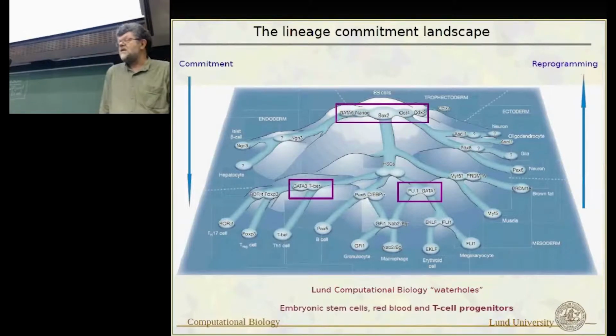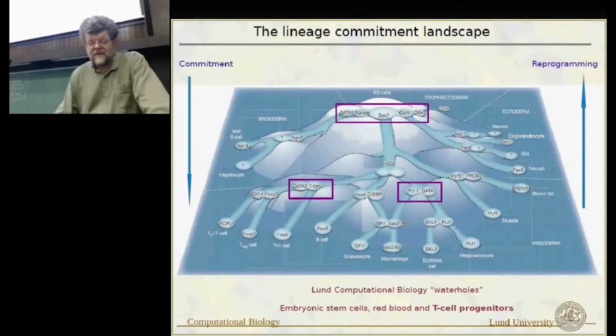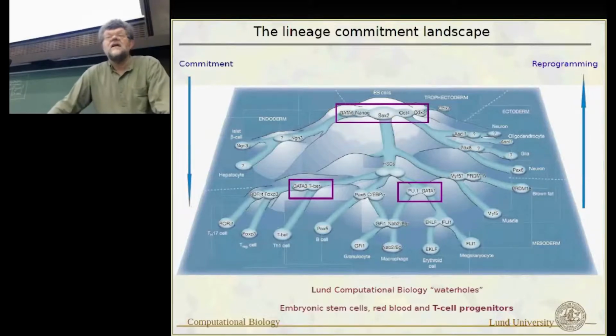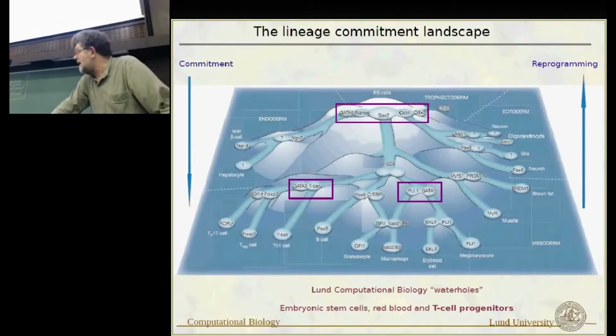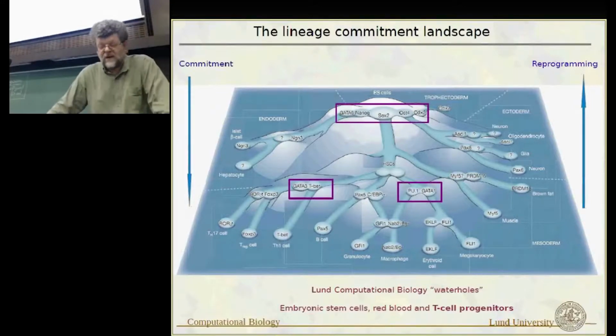And so this is the lineage commitment landscape. It's a cartoon, it's more complicated than that. I just want to convey where I'm coming from. So my previous waterholes have been the embryonic stem cell key players and issues related to whether they commit or not commit, and do they commit spontaneously or do they need external forces.